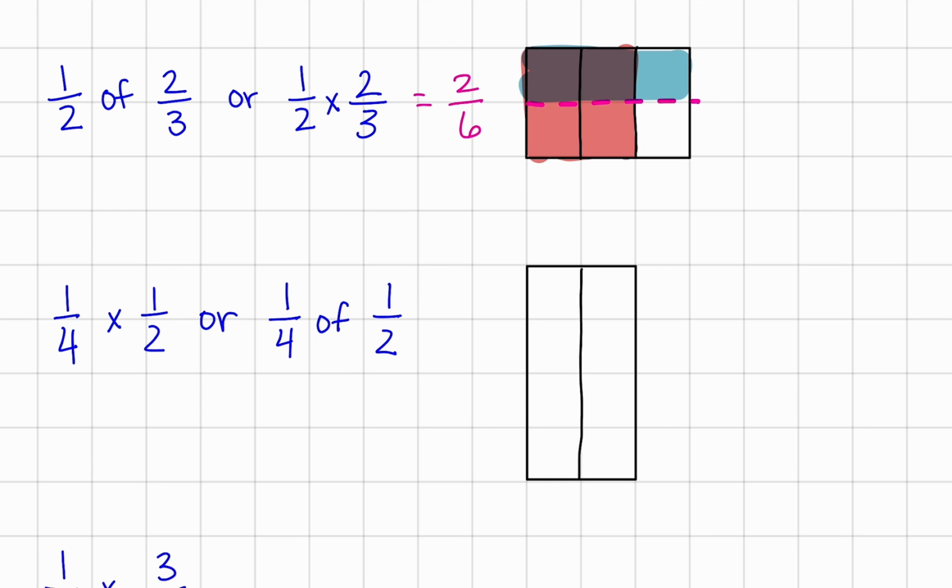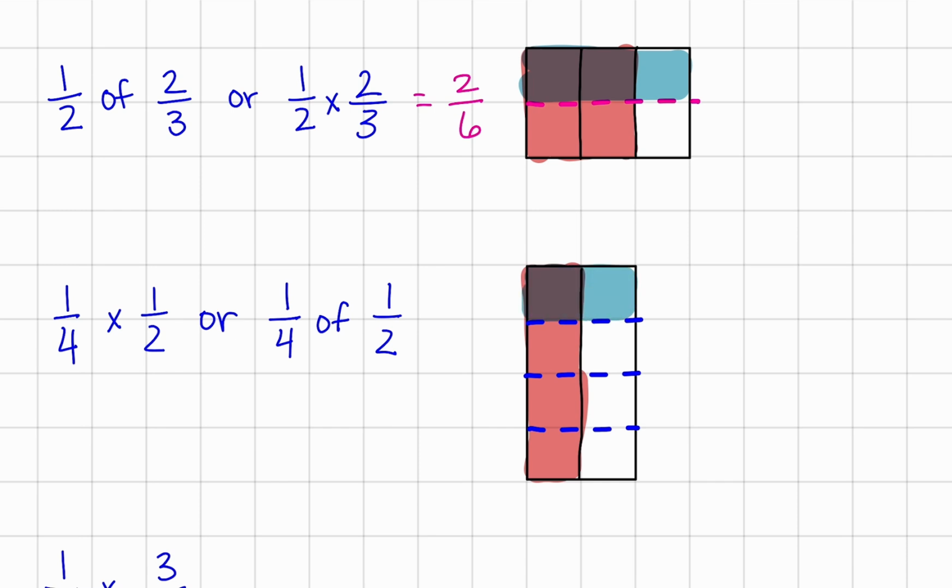So take my model, break it in half, color 1/2 red, and then I'm going to divide my model into fourths because my first fraction is fourth, and I'm going to color 1/4 blue.